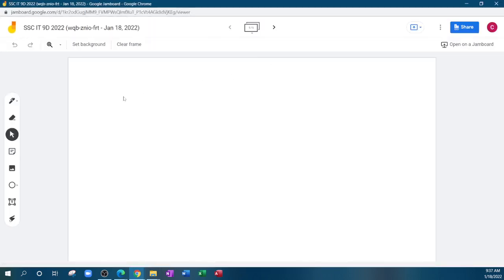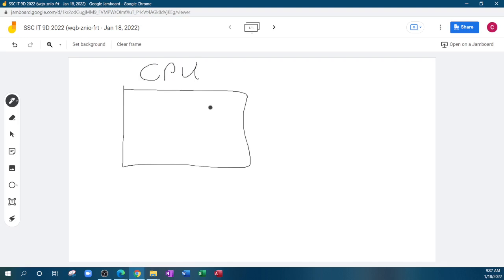Yes, so the CPU, where's my pen? Yes. So this here is the CPU. Now the CPU can divide itself. So for instance, it could divide itself maybe into four parts.